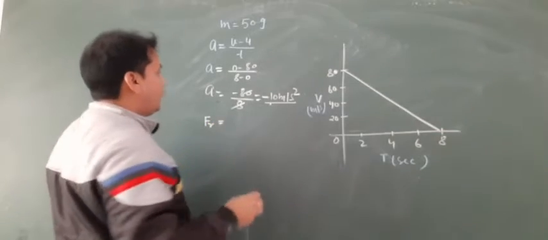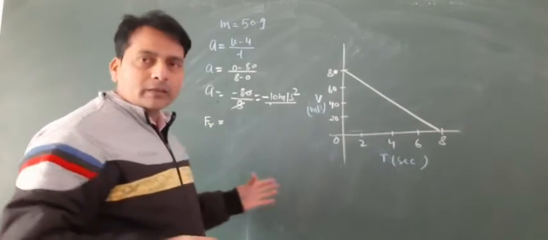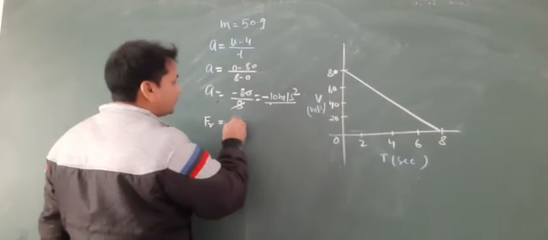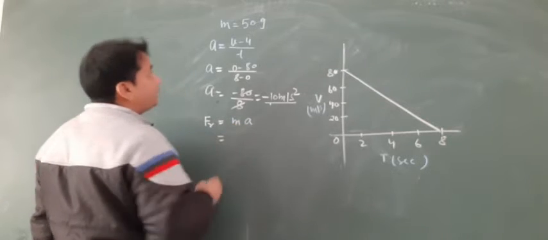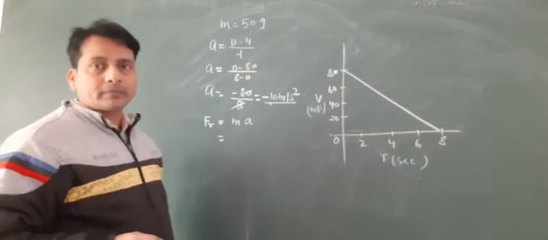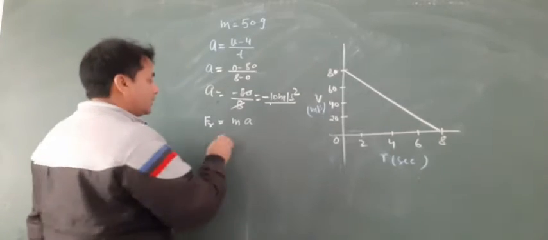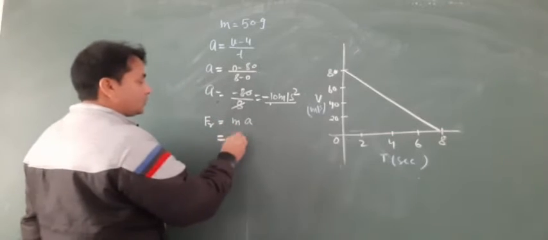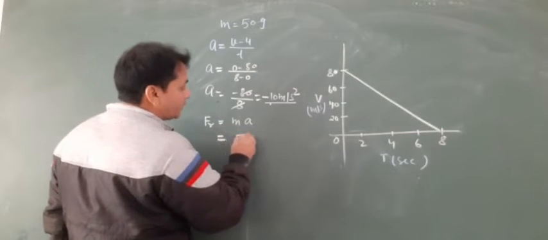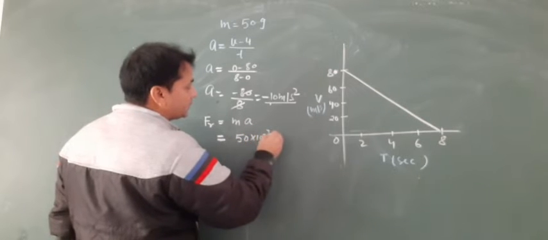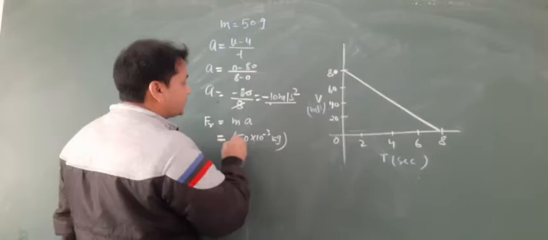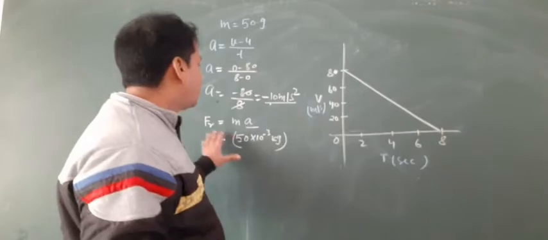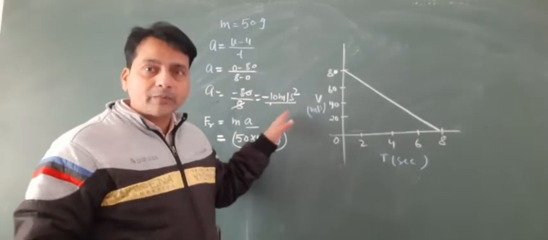Frictional force, as you know, the force is the product of mass and acceleration, F equals m into a. The mass of the object is given here, 50 gram. First we convert the mass of the object into kg. So we can write here 50 into 10 to power minus 3 kg. The acceleration has been converted into retardation, and the value of retardation is given here, minus 10 meter per second square.